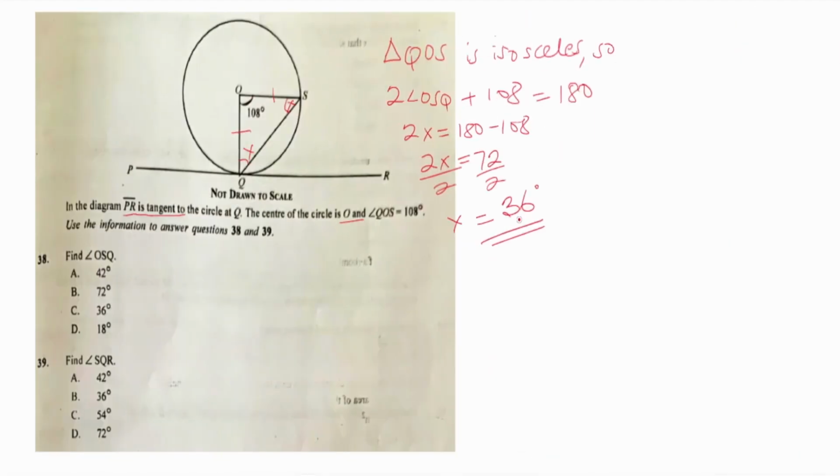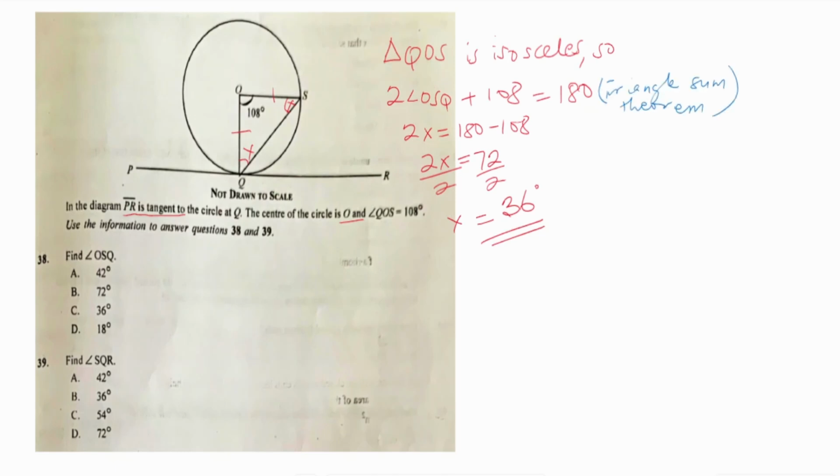Triangle QOS definitely is isosceles, so these two angles are equal. So instead of writing each of them separately, I decided to write 2 angle OSQ plus 108 equals 180 degrees, which is the triangle sum theorem, right? Let me just write that.